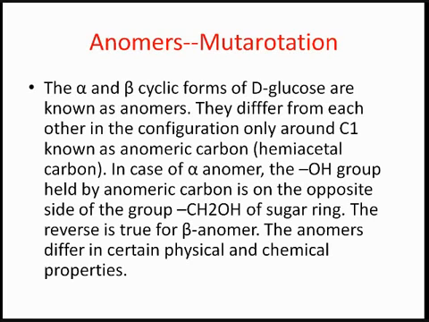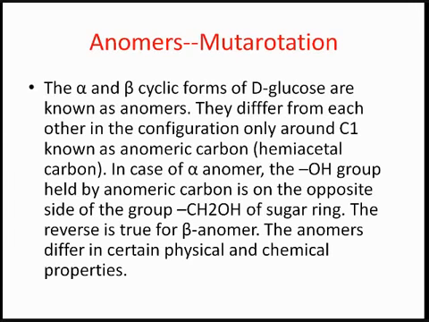Always remember, carbon 1 of any monosaccharide is known as the anomeric carbon. So alpha D-glucose and beta D-glucose differ at carbon 1, the anomeric carbon. That's why they are known as anomers to each other. In the alpha anomer, the OH group held by the anomeric carbon is on the opposite side of the CH2OH group of the sugar ring.